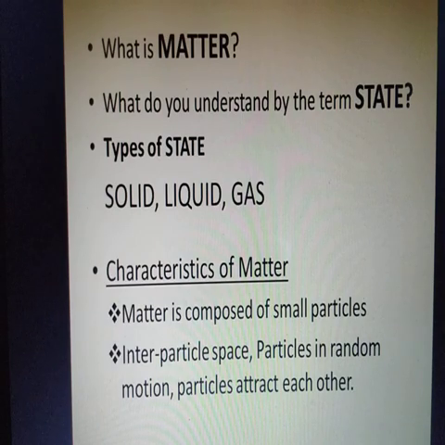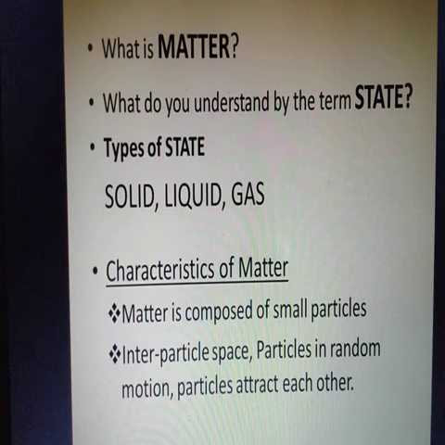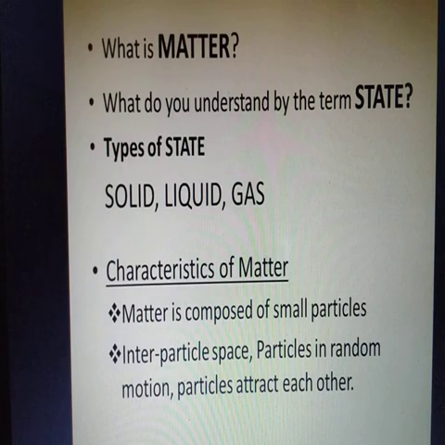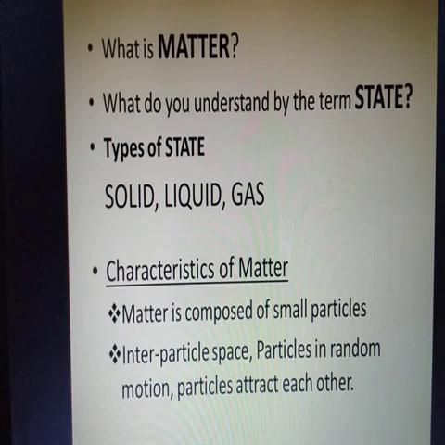So first, matter, in simple definition, is anything which can be felt by our senses. Senses means sense organs. So anything which can be felt by our sense organs, those are called matter.